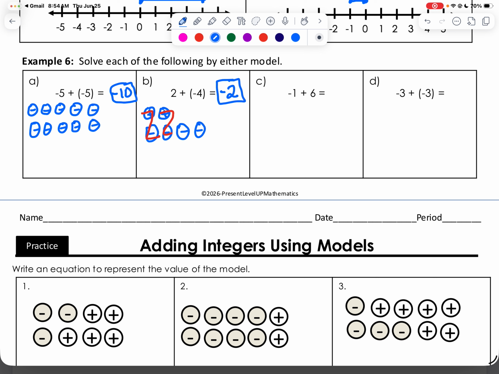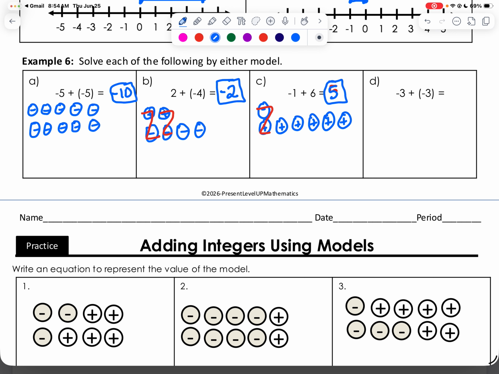All right, problem C. We have negative 1 plus 6. So I have 1 negative counter, and then 1, 2, 3, 4, 5, and 6. Zero out anything that will zero out. So what's left over is 1, 2, 3, 4, 5. So negative 1 plus 6 is positive 5.